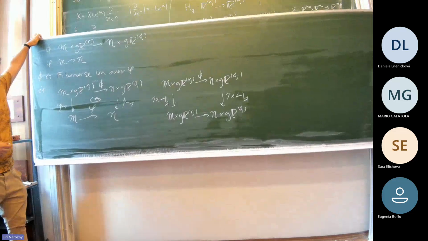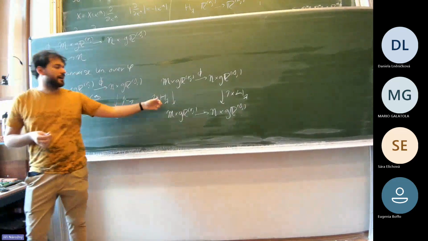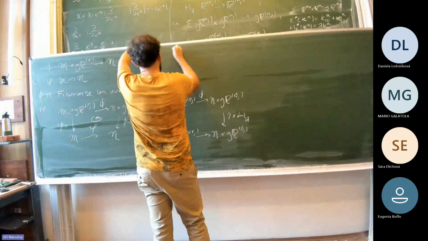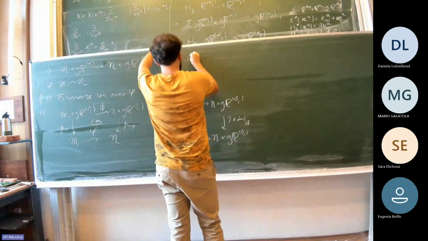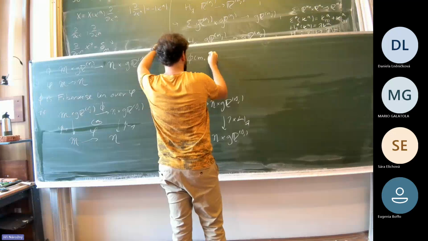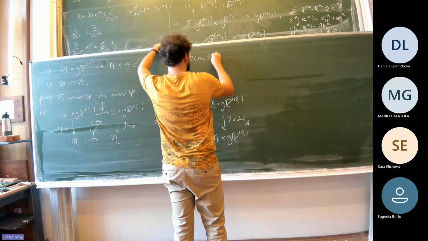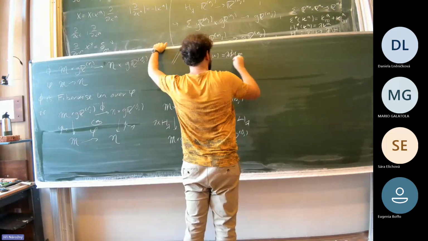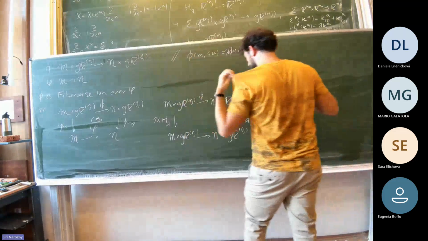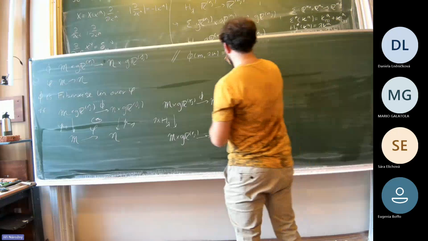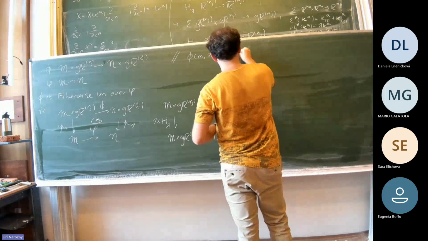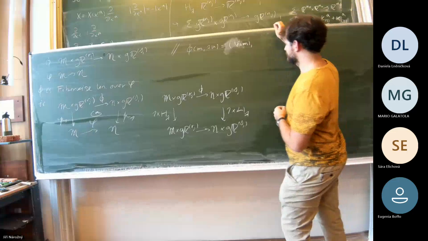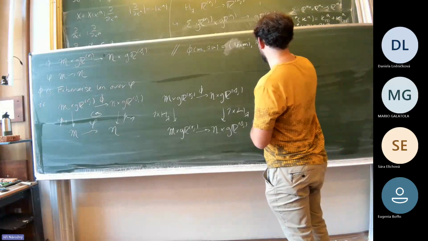Okay, be literal, this means that it's fiber-wise homogeneous. In ordinary geometry, this would mean that phi of lambda v equals lambda phi of v.